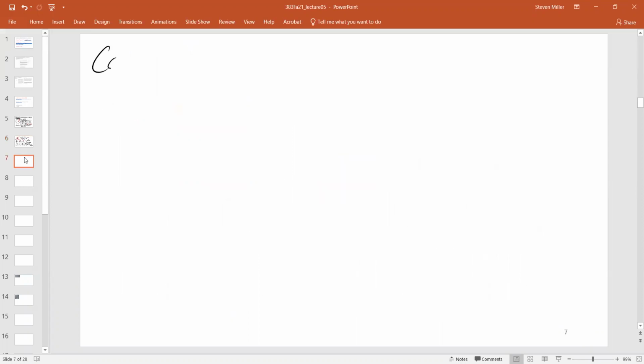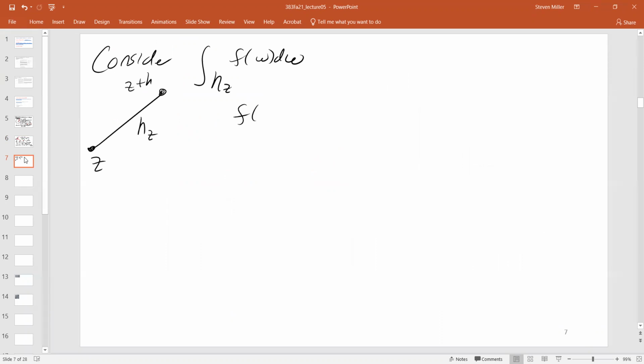So let's consider the integral over eta of z of f of w dw. And again, here's my point z, here's my point z plus h, here's my path eta of z. So let's write f of w as f of z plus what? What can we write it as?